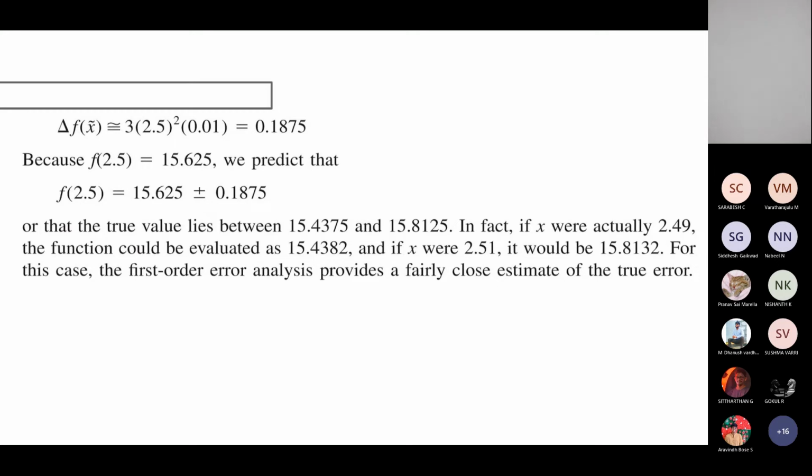Here we got f of 2.5 equals 15.625, but we have to find f of x. So after solving, we got error equals 0.1875. We got the value 15.625 plus or minus 0.1875.